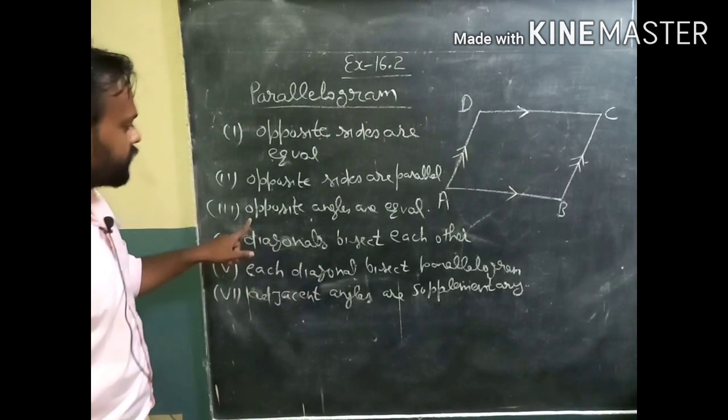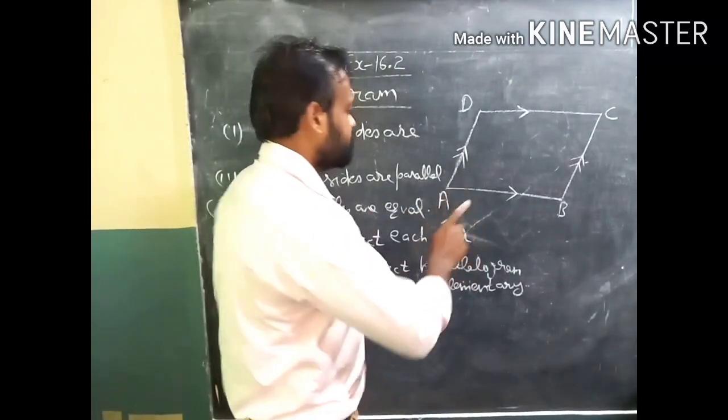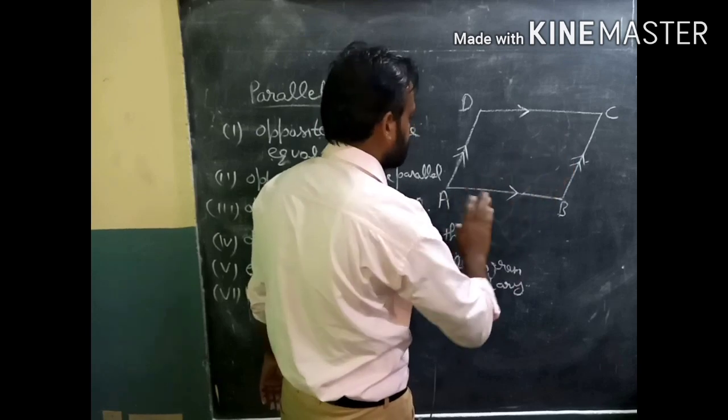Now see the third point: opposite angles are equal. This is very important. In a parallelogram the opposite angles are always equal.